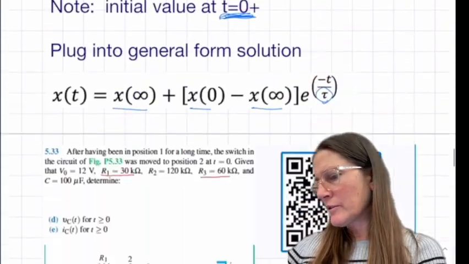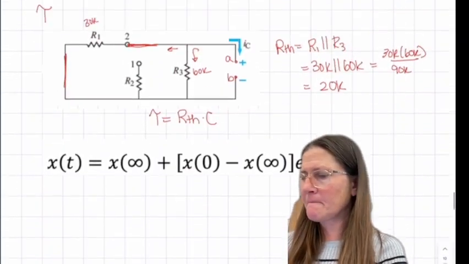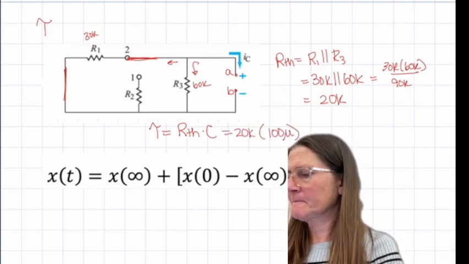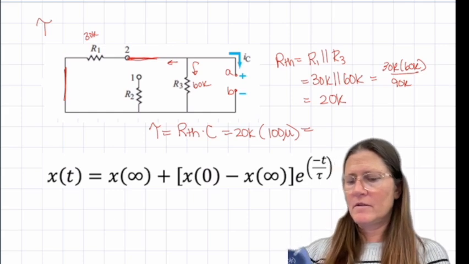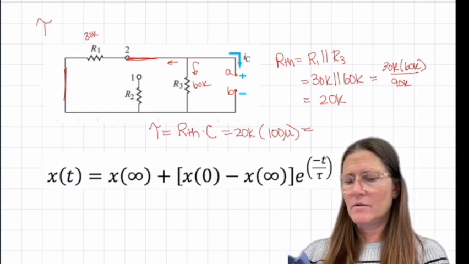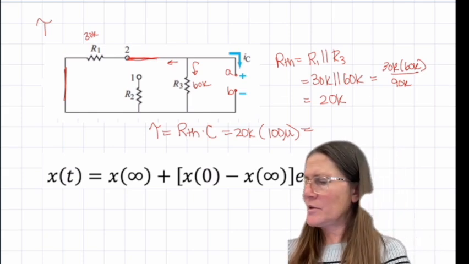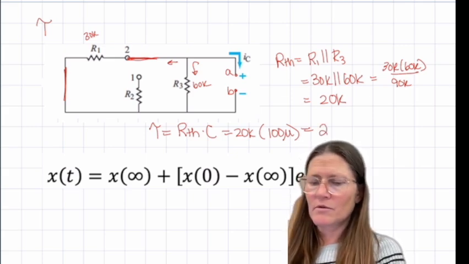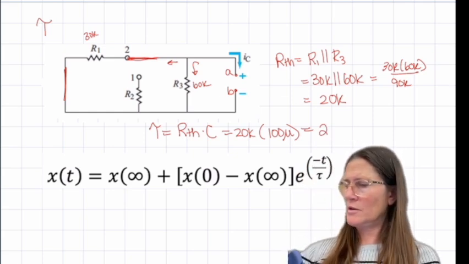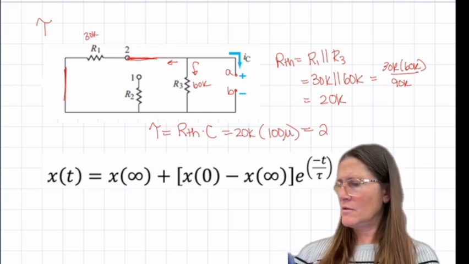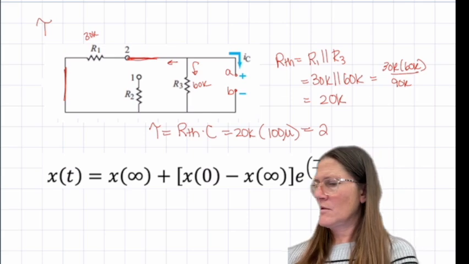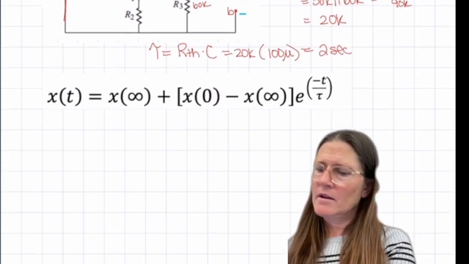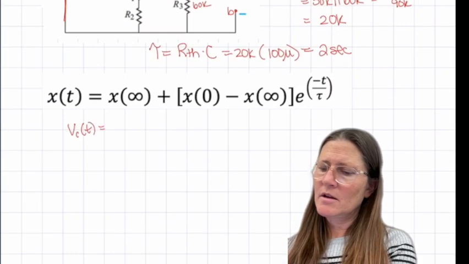And C was 100 micro. So tau is 2 seconds. So what does that 2 seconds mean? Correct.